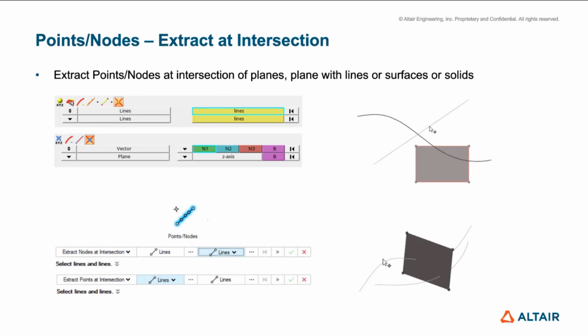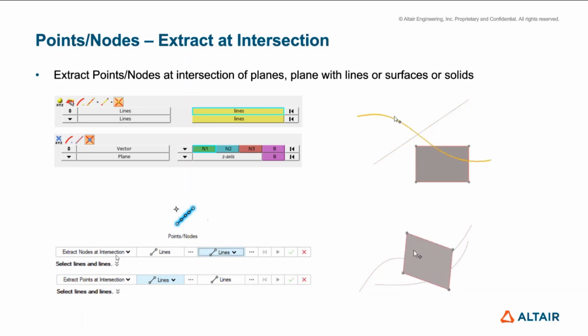Now coming back to the core geometry tools that have been migrated from the panels, points and nodes. So we now are supporting extract at intersection. So creation of points and nodes, as you can see from the animation here. We support that under points and nodes and extract option.